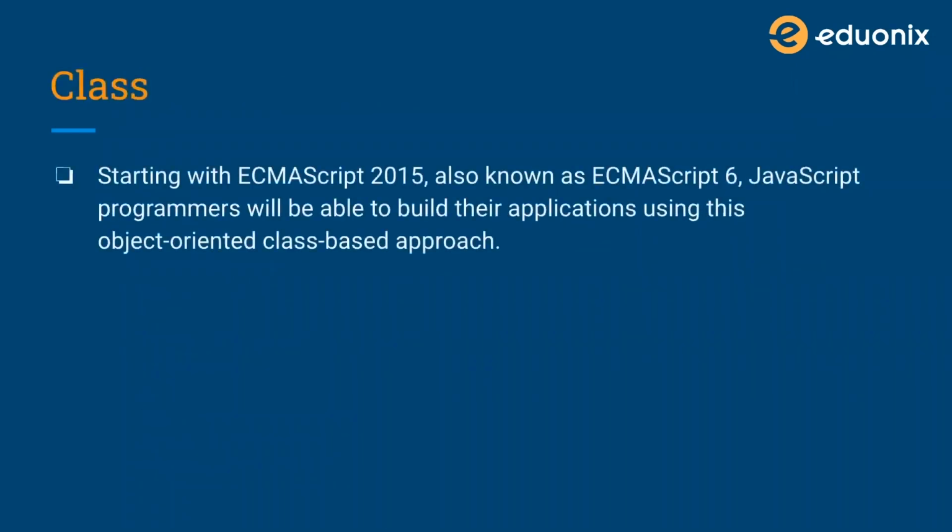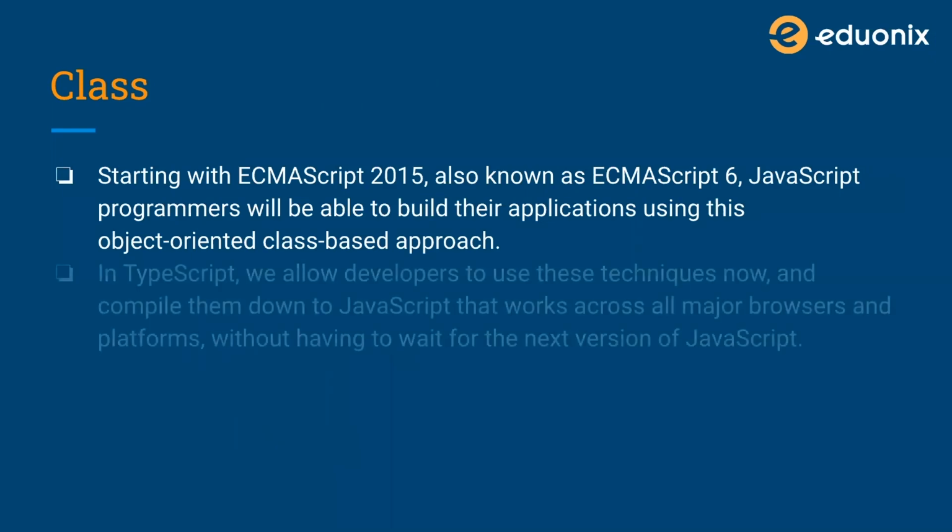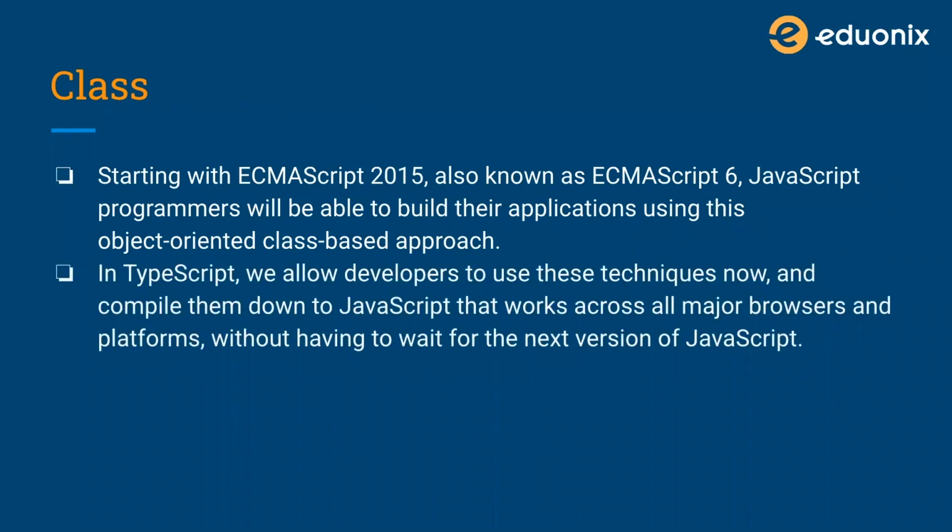So class, the most important concept of object-oriented JS, binding of the data and the state together. It helps me to modularize my code and reuse the code to a large extent. Correct, guys?